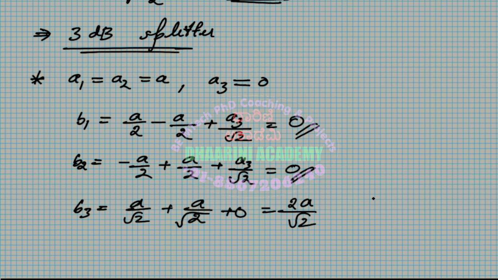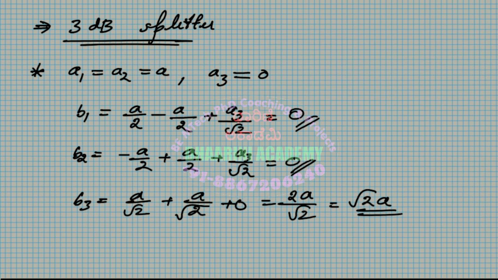So can I write it as root 2 A? This means if you give equal inputs at port 1 and port 2, they get added and the result is available at the port.